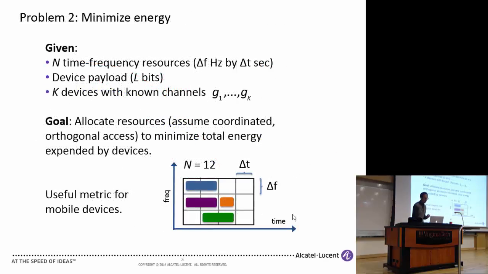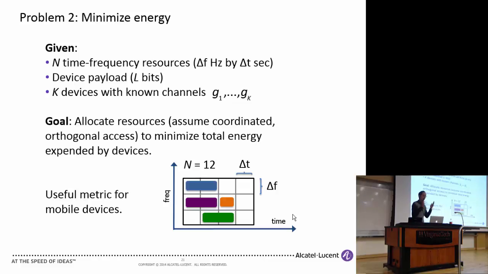Let's talk about problem two now. This is for energy minimization. So getting back to the original framework, remember we have some resources, we have some payload, we have some devices with known channels. And the goal here is a resource allocation problem.